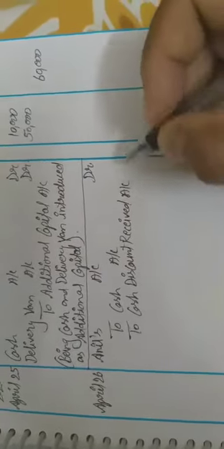So Anil will be debited on April 26. Anil's account debit to cash account and to cash discount received account.